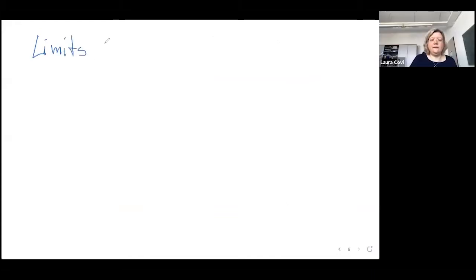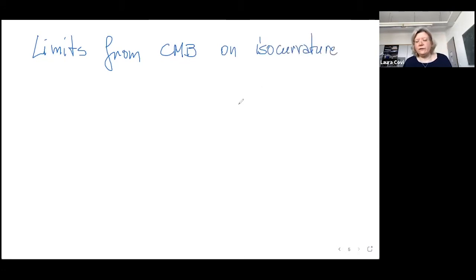So let me just derive it very quickly. Limits from CMB on isocurvature. The isocurvature behaves differently, so it gives you a shift in the peaks and a slightly different form. That's why you can put constraints on it.